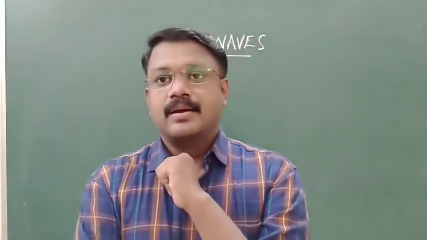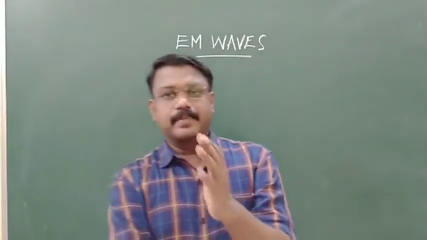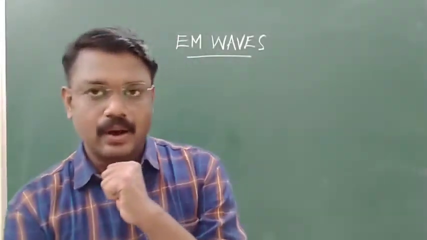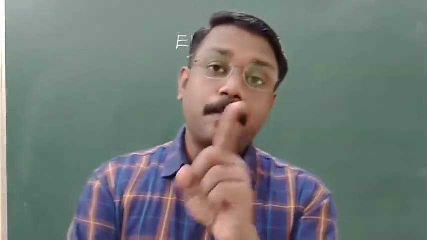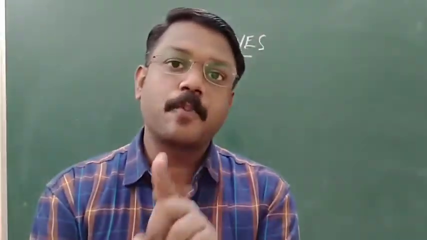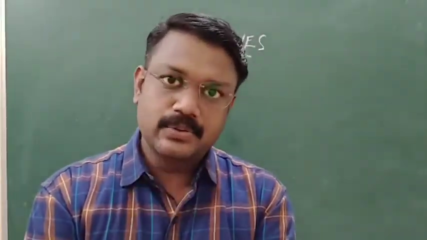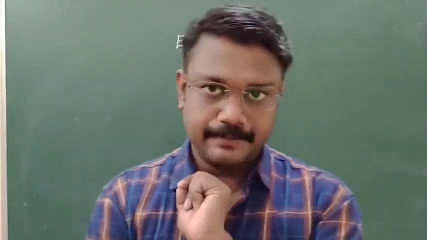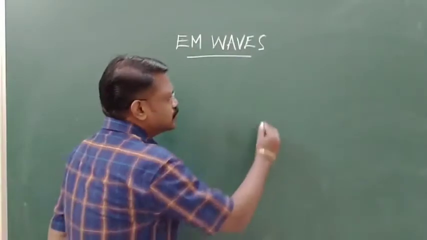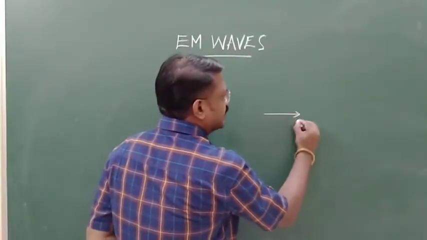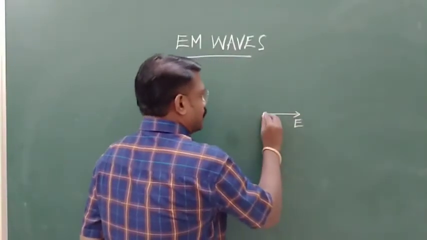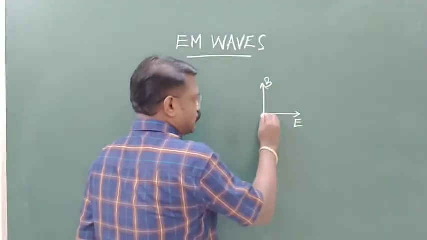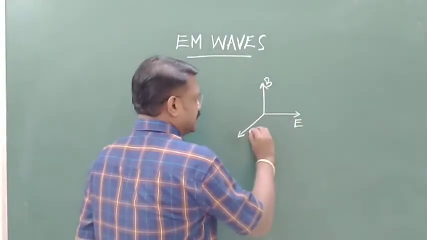Moreover, as I already told you, electromagnetic radiations come out from electromagnetic waves. So the direction of propagation is perpendicular to both the electric field vector and the magnetic field vector. Which means, suppose you have the electric field acting along the x direction and the magnetic field along the y direction, then propagation should be in the z direction.